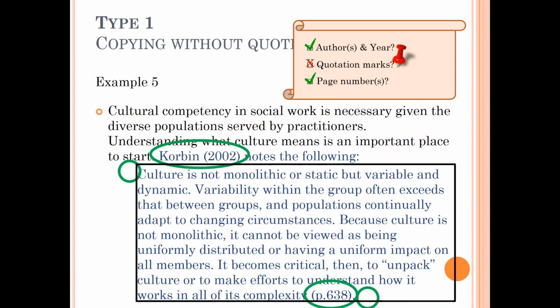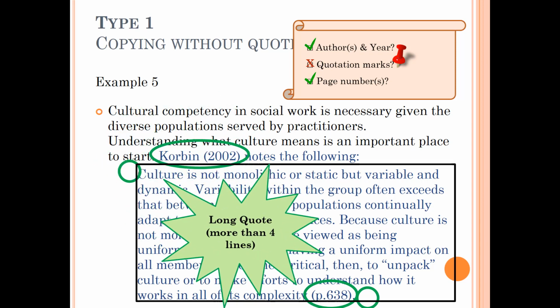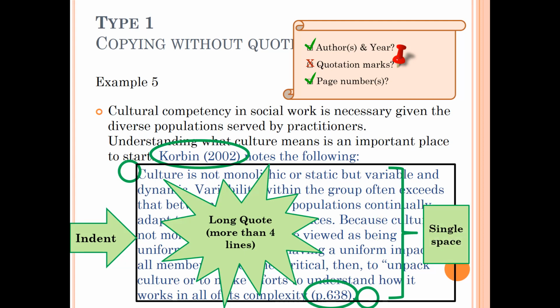Well, in this case, the entire paragraph is one big quote. And the way that, according to AP style, we let the reader know this is that if we have a long quote that's more than 4 lines, we indent that paragraph or that quote, and we make sure to single space so that it's clear that it is all part of one big quote.